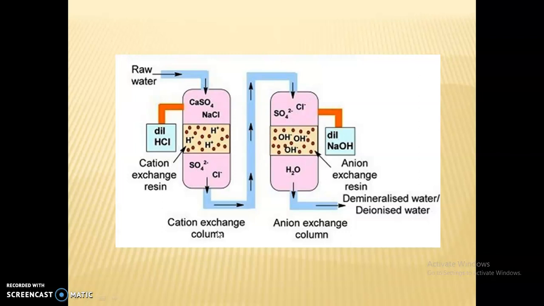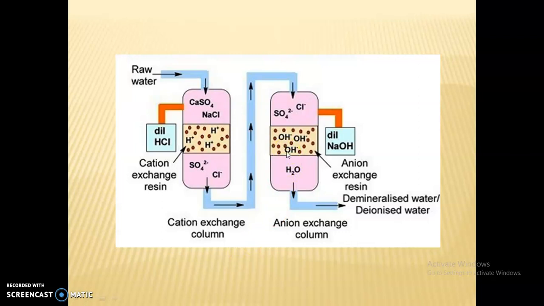We have to take the water from the cation exchange column to the anionic exchange column to remove the hardness-causing anions. Earlier I said that this water consists of calcium sulfate; in the cationic exchange column the calcium is removed. Then we have to remove anions such as sulfate and chlorides.